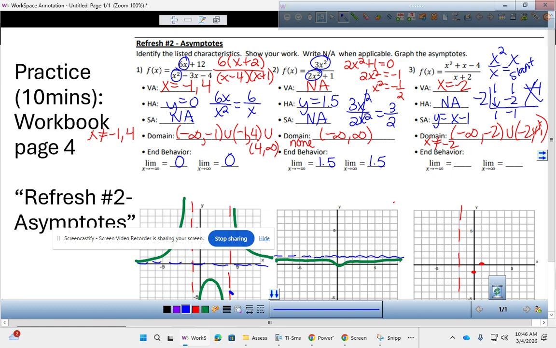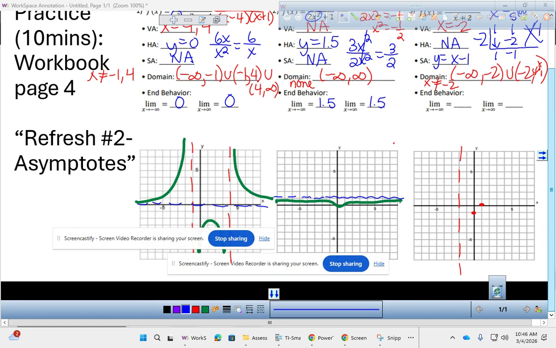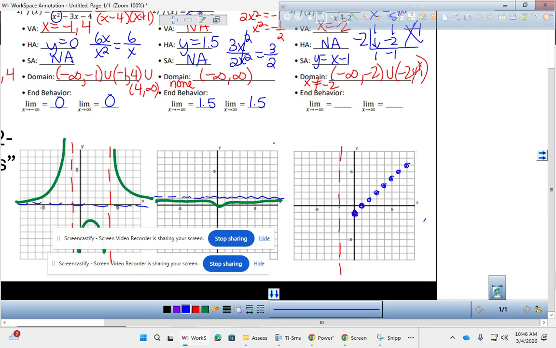What that looks like on the graph, you plot the y-intercept of negative 1, and then you go up 1 over 1. And I'm just continuing that pattern for the whole length of the graph.